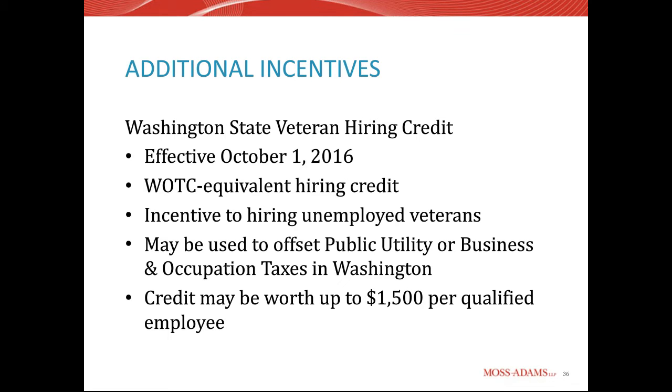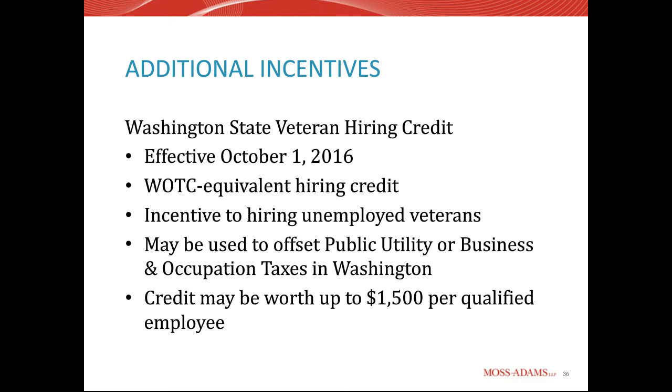And over the last few years, many states have started piggybacking off of WOTC and creating state-level hiring credits that have similar qualifications. An example of this is the Washington State Veteran Hiring Credit. It becomes effective October 1, 2016 for new employees.